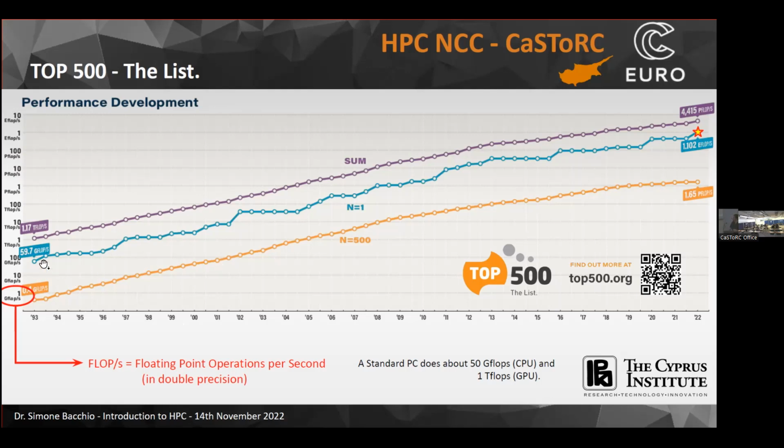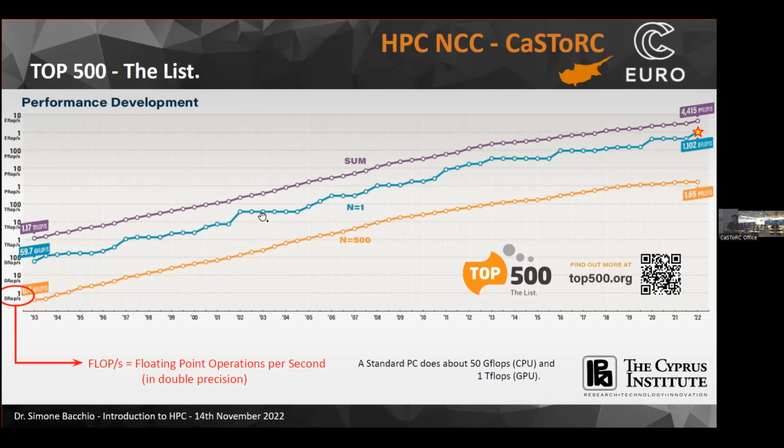So back in the days it was 60 gigaflops, and nowadays finally we reach what is known as exascale performance, where the largest supercomputer performs at 1 exaflop. So this is a big number. I will stress more about why this is very important.